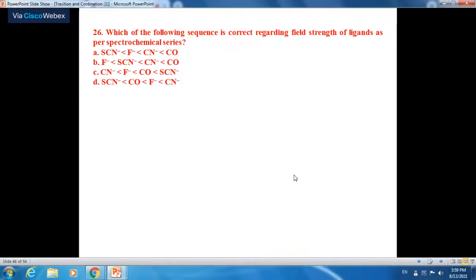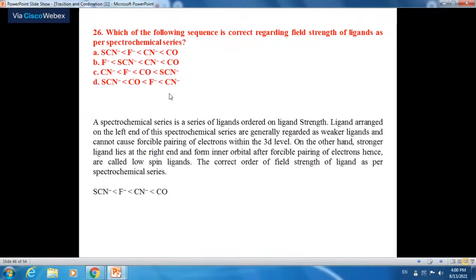In the first option, SCN minus is a stronger ligand compared to fluorine, so this is wrong and the first option is ruled out. The third option, this is the second strongest ligand, and compared to SCN, CO is very strong. This is also ruled out. Option B is correct. You are right, Saujanya.